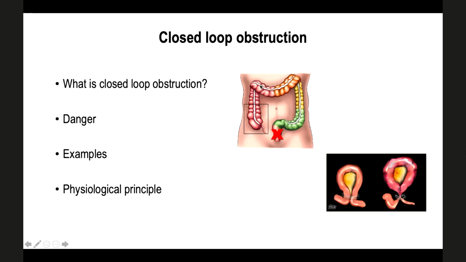Can somebody tell me where this colon is most likely to perforate? Is it the sigmoid colon, descending colon, transverse colon, ascending colon, or the cecum? Where is perforation most likely to occur if there is complete obstruction at the rectosigmoid?